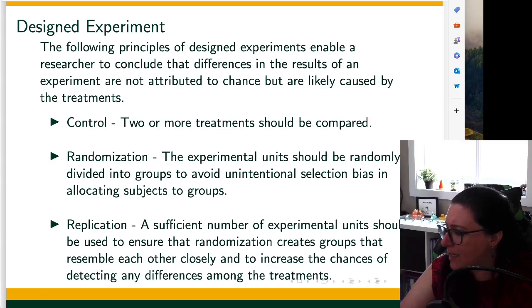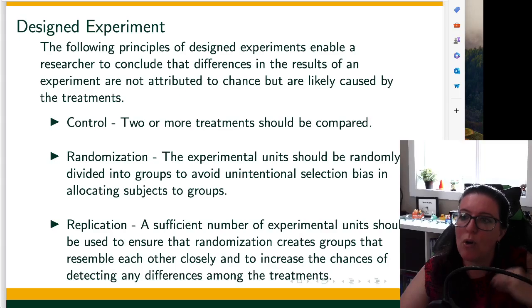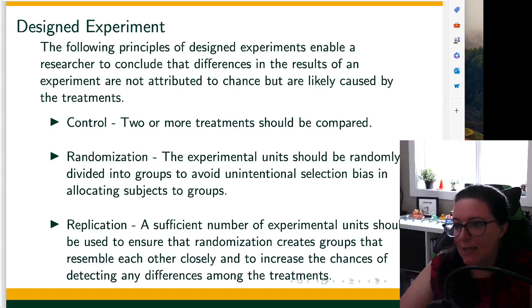So when we're designing our experiment, we need to think about control, our placebo versus our treatment, how we're going to put people into those different groups, how we're going to randomize, and then how we're going to ensure that the results we get will detect a difference if there truly is a difference.